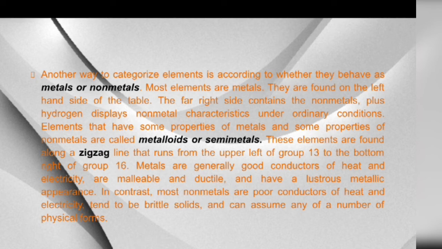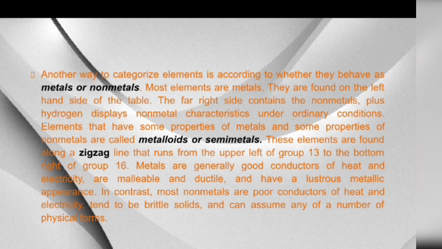Under ordinary conditions, elements that have some properties of metals and some properties of non-metals are called metalloids or semi-metals. These elements are found along a zigzag line that runs from the upper left of group 3A to the bottom right of group 6A.